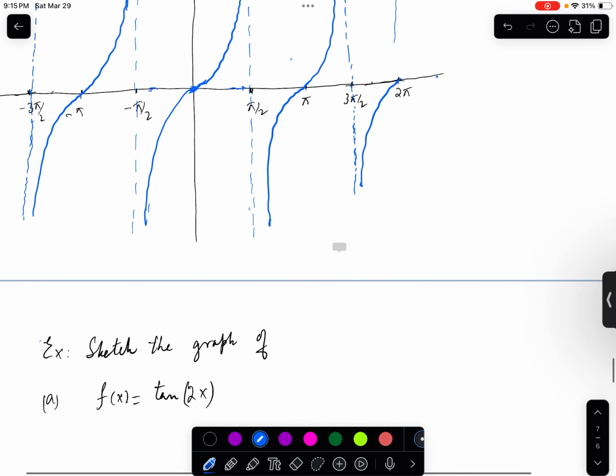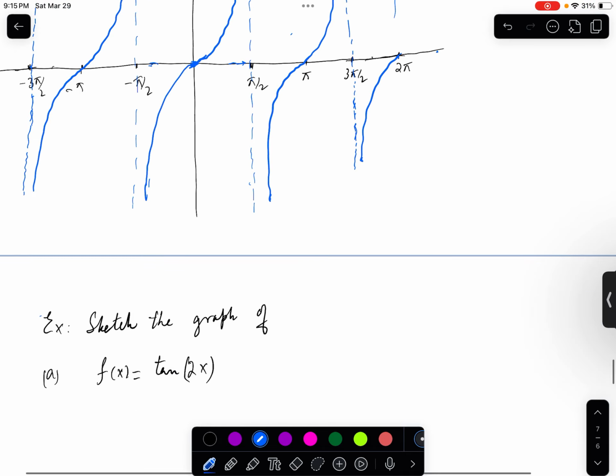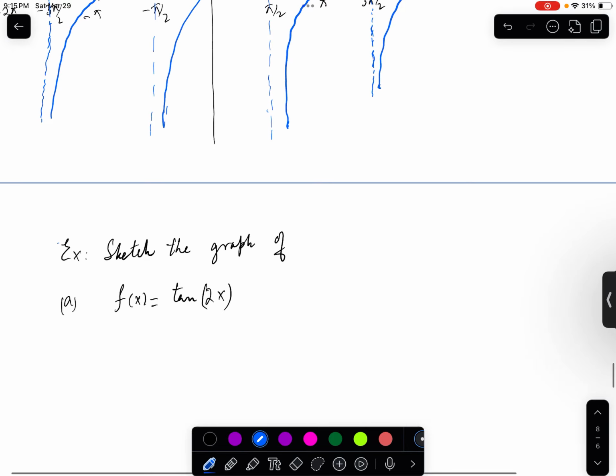Okay, now remember the period here, the period of tangent x is pi. So if you have the function tangent bx, then the period will be pi over b. So here you see we have tangent 2x.